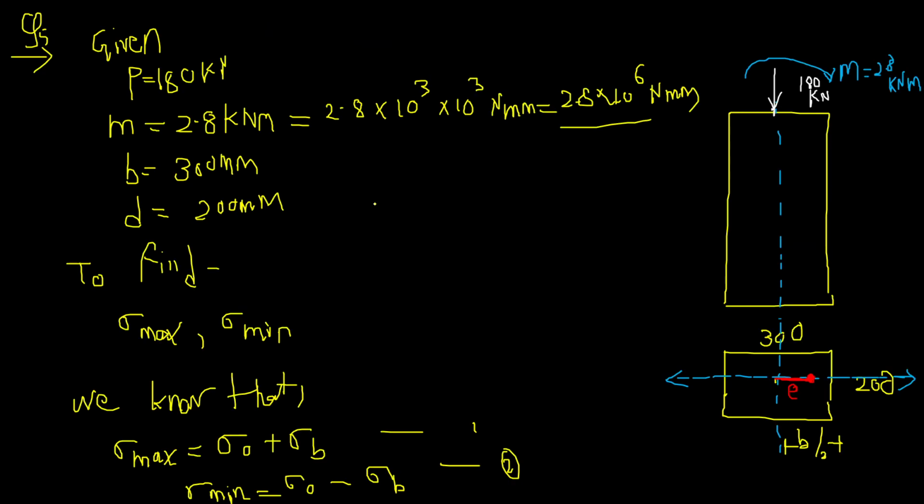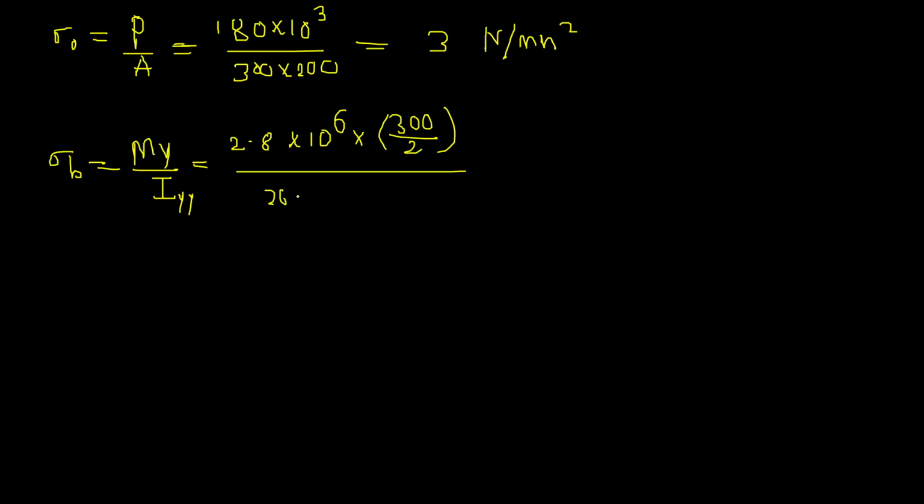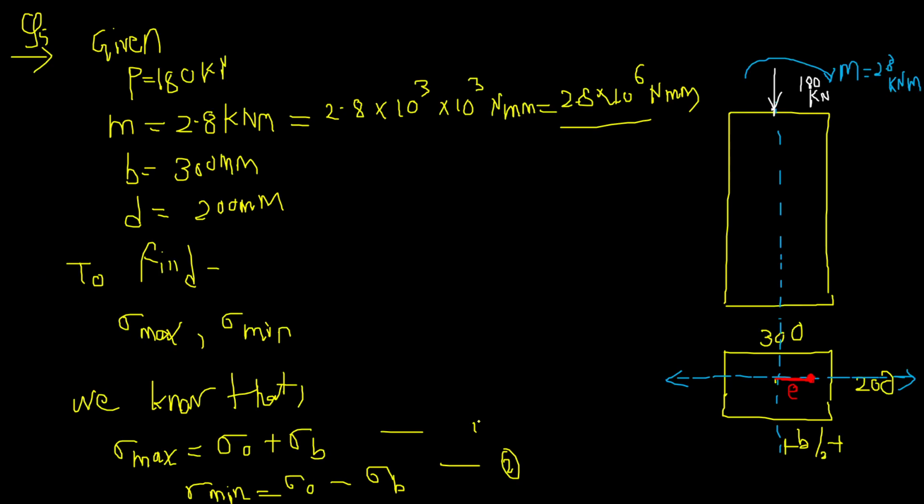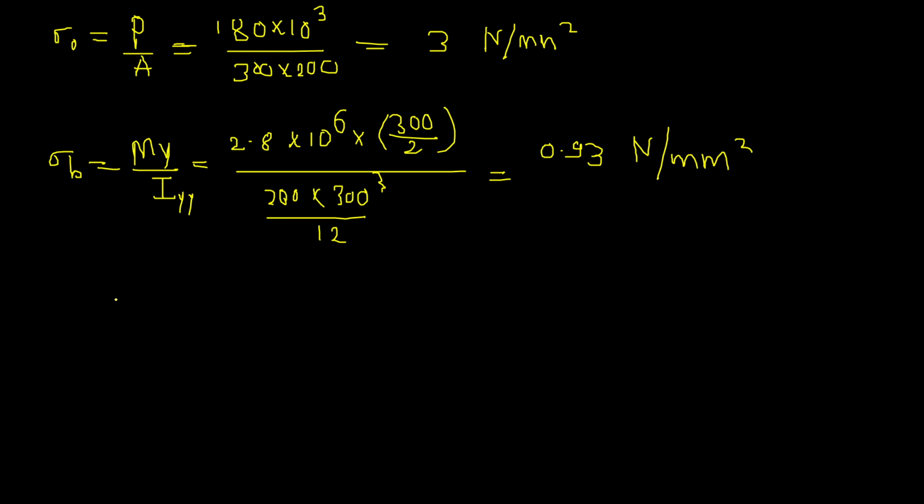Okay, Iyy. So directly formula लिहितो आता मी, that is 200 into 300 cube divided by 12. So on solving this, you should get the answer as 0.93 Newton per mm square.